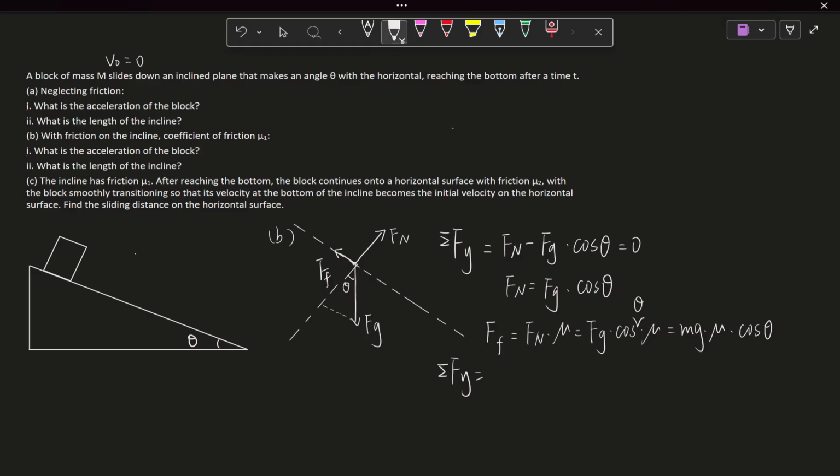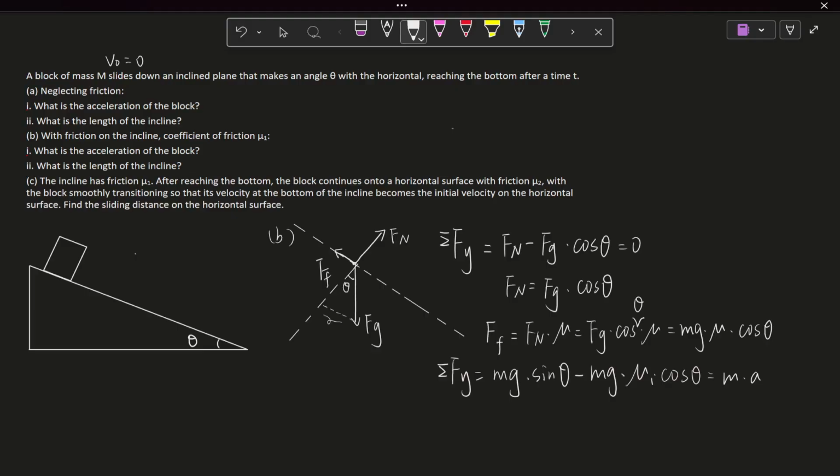Using trig, this component is mg times sine theta, minus Ff, which is mg times mu times cosine theta, equals m times a, where mu equals mu1.